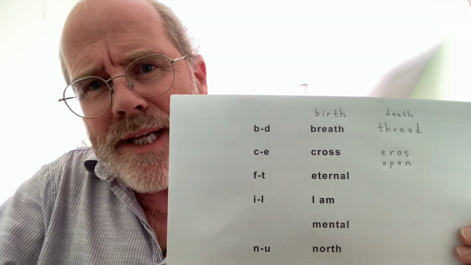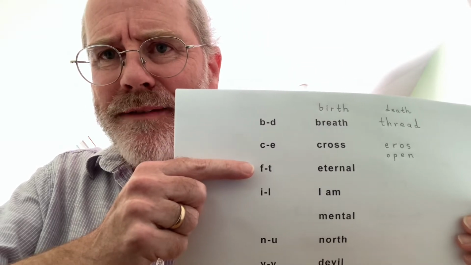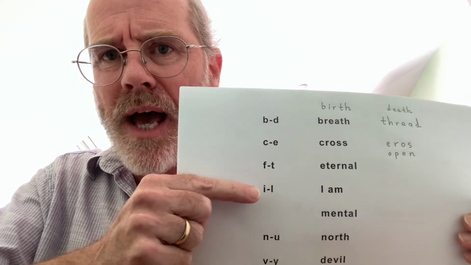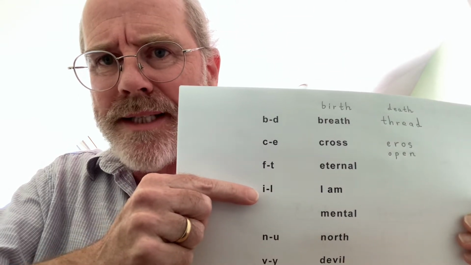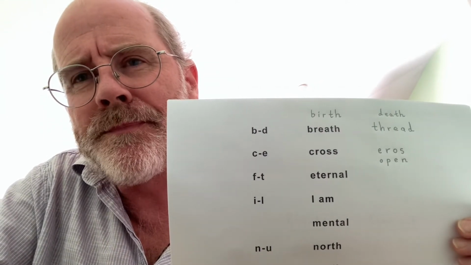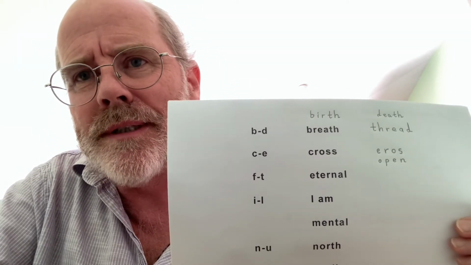If I make these three changes using two physical pairs, F, T, one letter turned upside down, I, L, one letter continued, and the phonetic pair M, N, I get really a very beautiful connection.